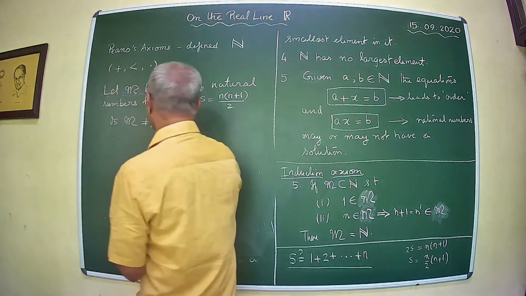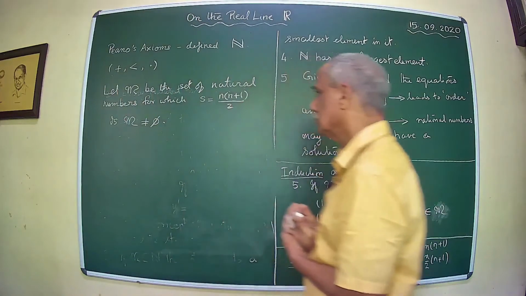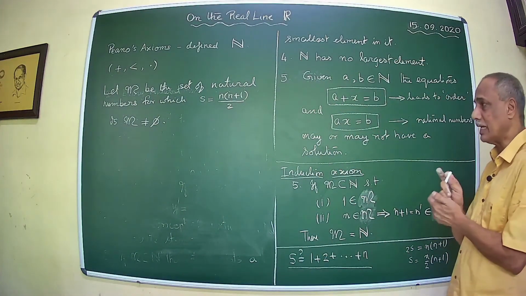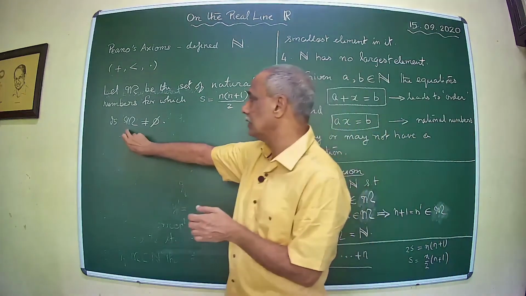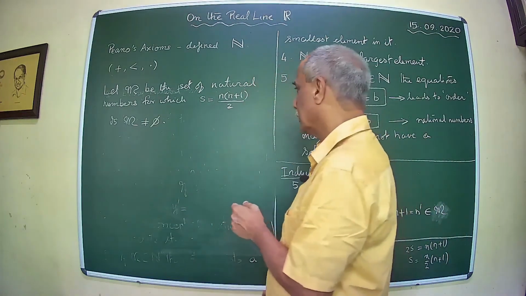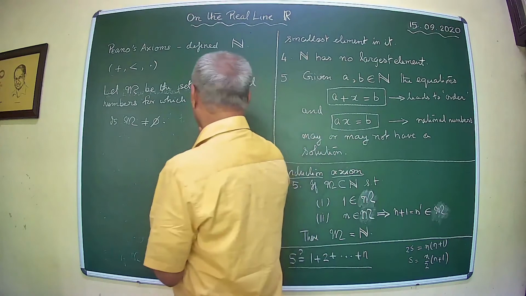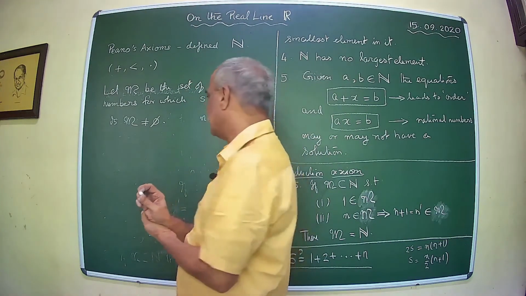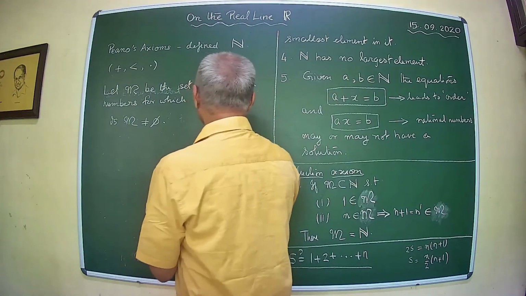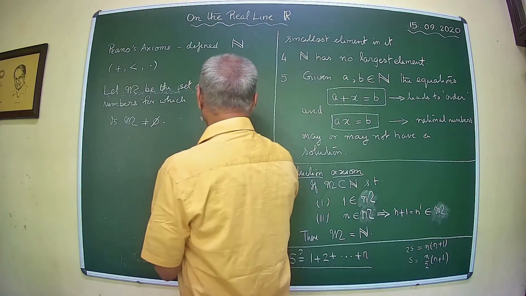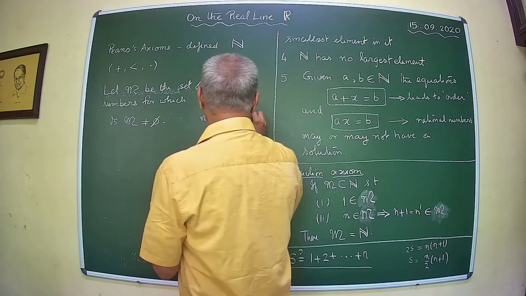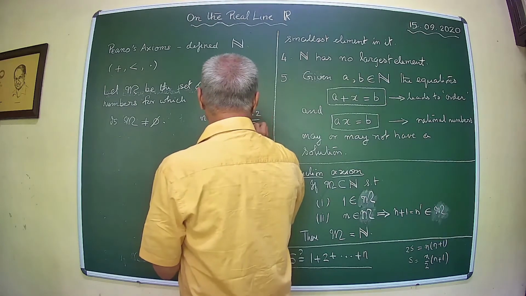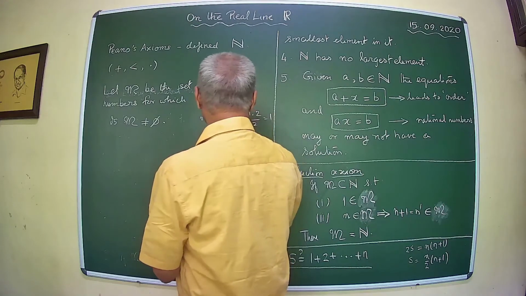This is the first thing we have to look at. Check whether it is true that there is at least some number in this class. You can easily verify that when n is equal to 1, if you apply the formula, s is equal to 1 plus 1 into 2 by 2, which is equal to 1, which is true.